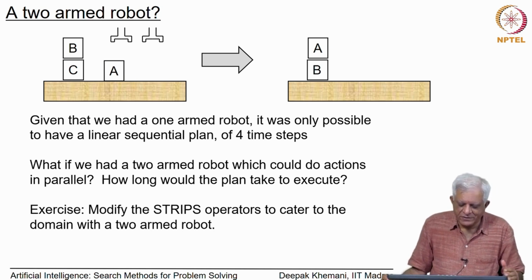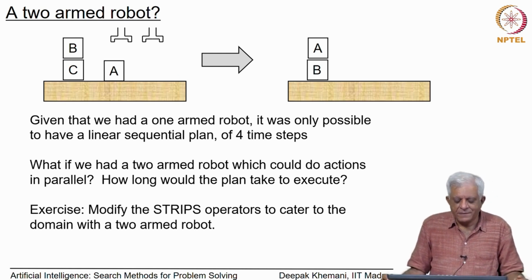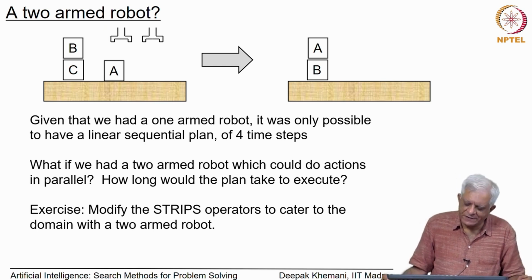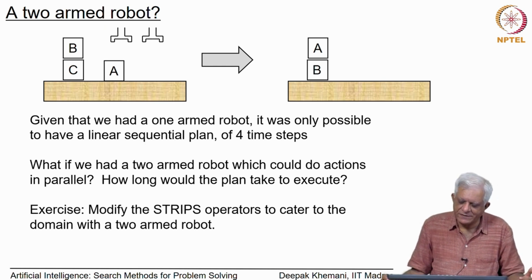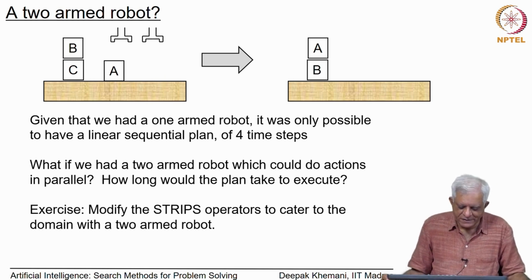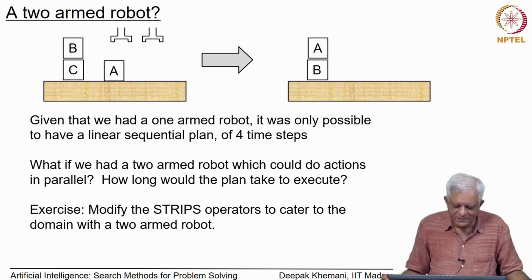Now, in the original strips operators that we had, actions like pick up, for example, A. What is the meaning of pick up A in this world where the robot has 2 arms? We should be able to specify which arm is picking up A, and that needs to be part of the modified domain description, and I will leave that as a small exercise for you.